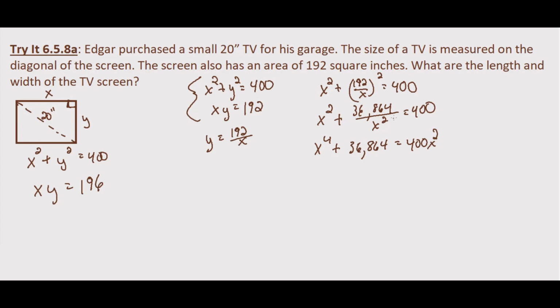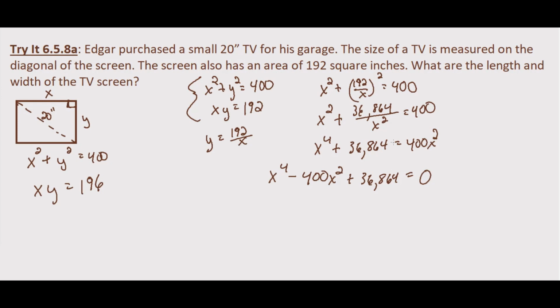Now subtracting 400x squared from both sides, that gives us x to the fourth minus 400x squared plus 36,864 equals 0. Now, believe it or not, this will factor.